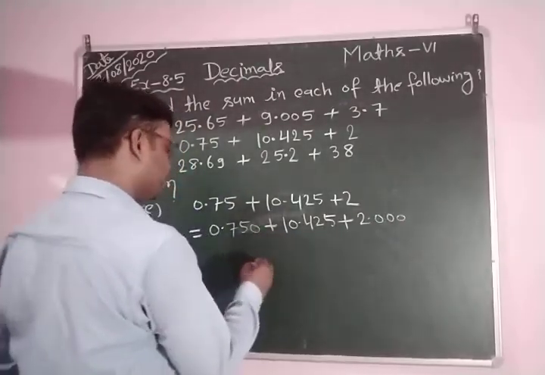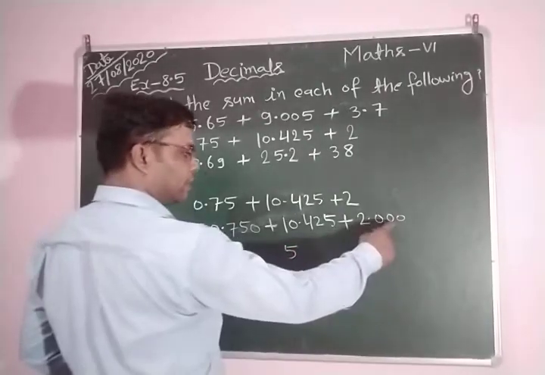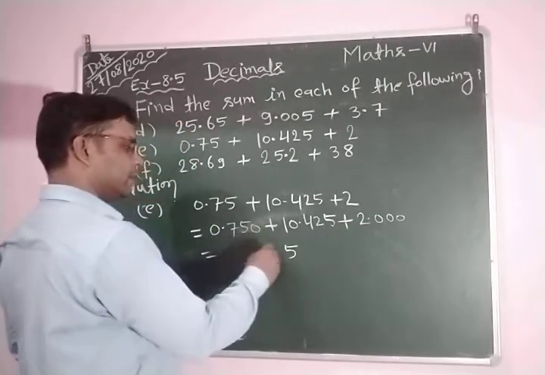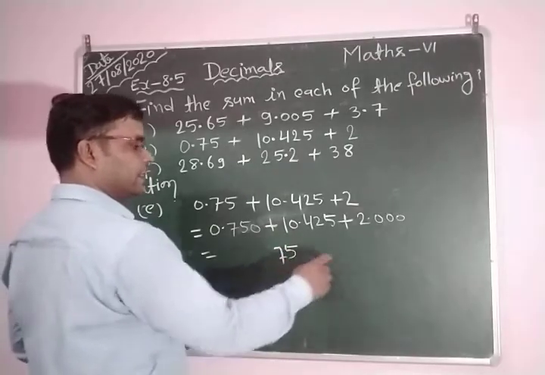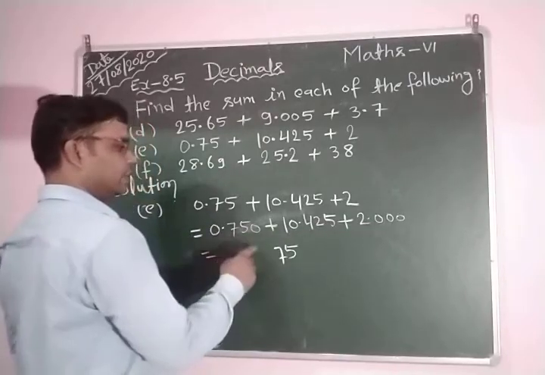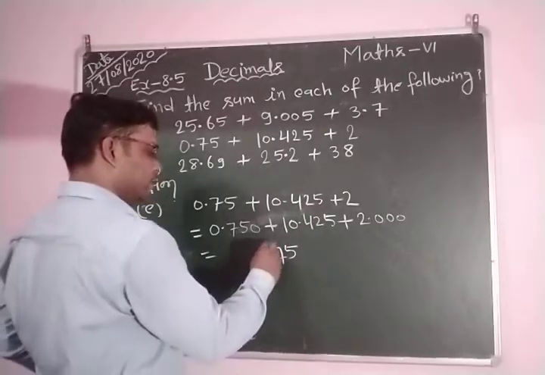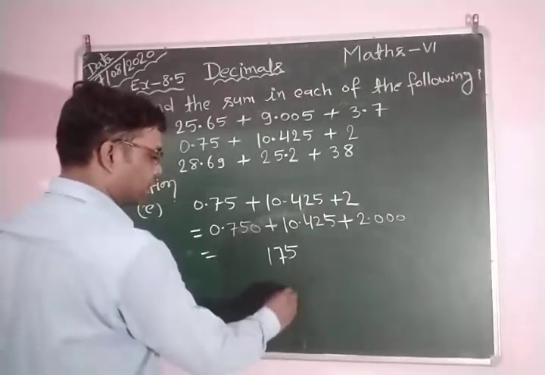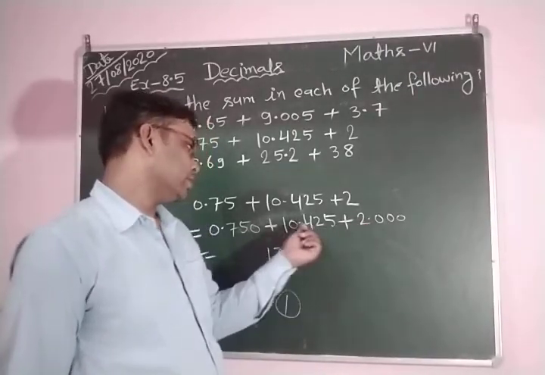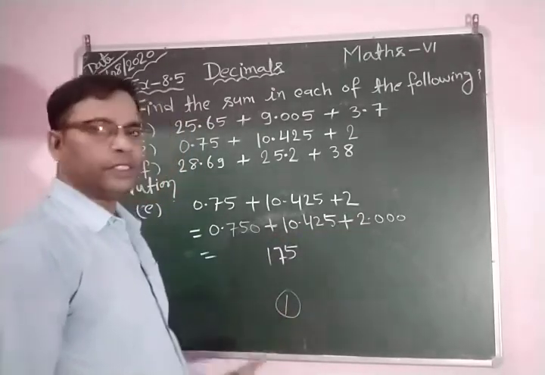Okay, so add them: 0 plus 5 plus 0 is equal to 5. 0 plus 5 plus 0 is equal to 5. Now this place, 0 plus 2 plus 5 is equal to 7. And the tenths place: 0 plus 4 plus 7, 0 plus 4 is 4, and 4 plus 7 is 11. This is 1, carry 1. Now we add the ones place digits: 2 plus 0 is 2, and 0 plus 2 plus 1 is equal to 3.